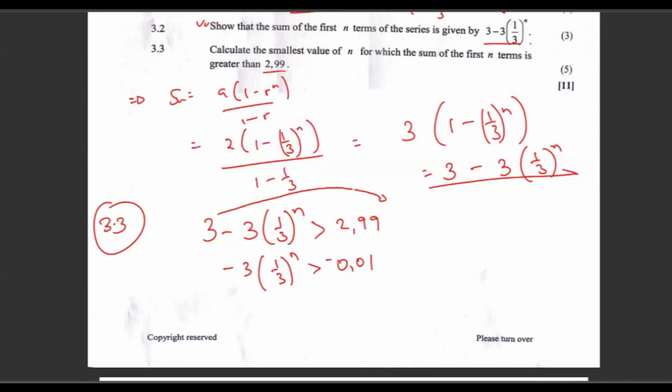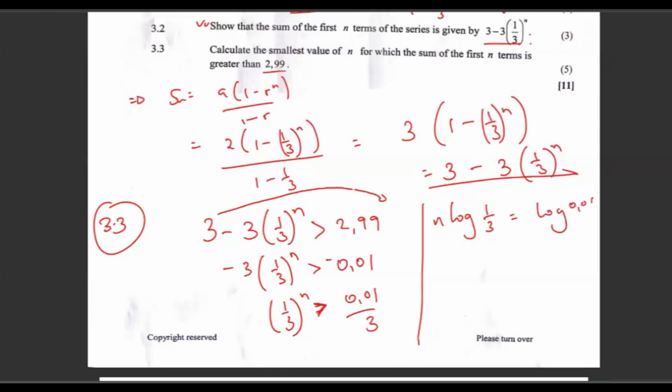Then divide both sides by 3. So 1 over 3 to the n is greater than 0,01 over 3. Now, for me to get n, I can use my logs. So now that this is an exponent, it's going to be n log 1 over 3 is equal to the log of 0,01 over 3.